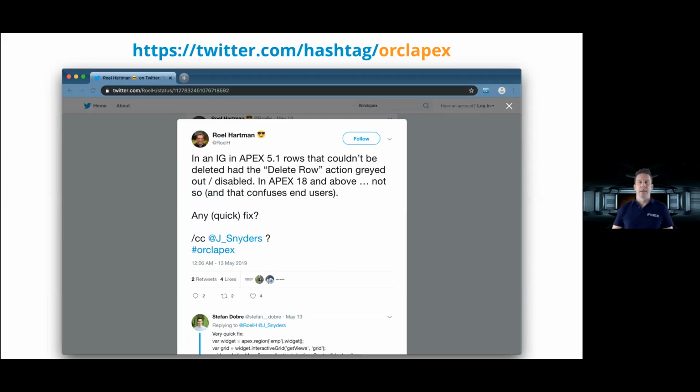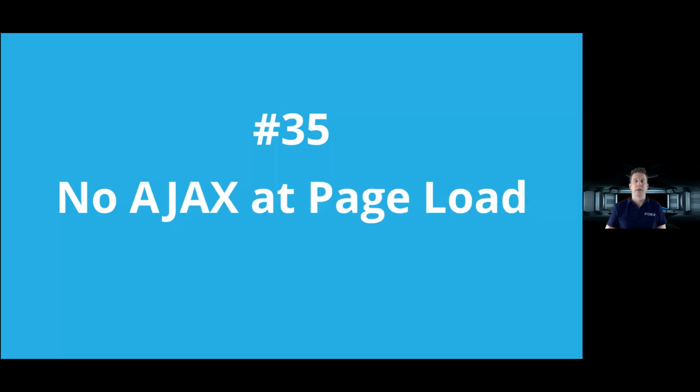See, even famous members of the community sometimes reach out to ask questions to either the community or address the Apex dev team, and get responses within minutes sometimes. But don't abuse it, right? Jürgen is watching the hashtag.